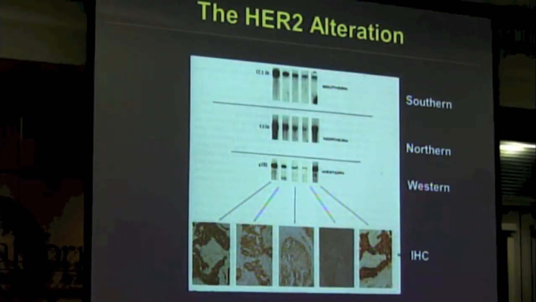Now, we were lucky enough back in 1987 to identify an alteration in a particular gene called HER2. This has nothing to do with gender. This simply means human epidermal growth factor receptor number 2. So that means there's a number 1, and there is. And there's also 2 more members. They're all siblings in the same family. There's HER3 and HER4.